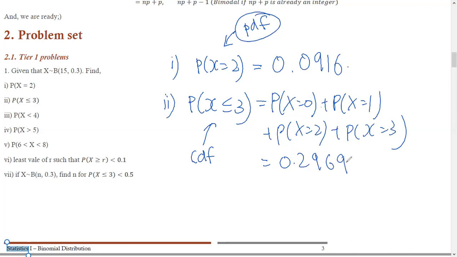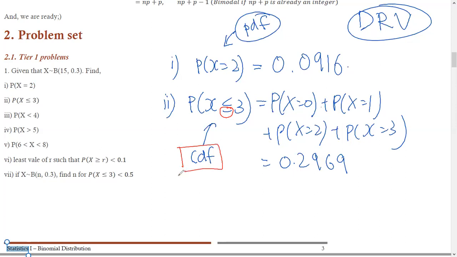Take note, because this is a discrete random variable, DRV, whatever you press in your calculator, it will assume that there's an equal sign here. That means when you go to the binomial CDF and key in n equals 15, p equals 0.3, and x equals 3, it is assuming this format. It's assuming that the thing you want to calculate has an equal sign.